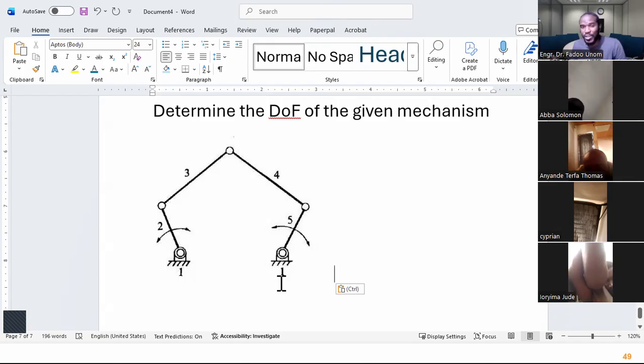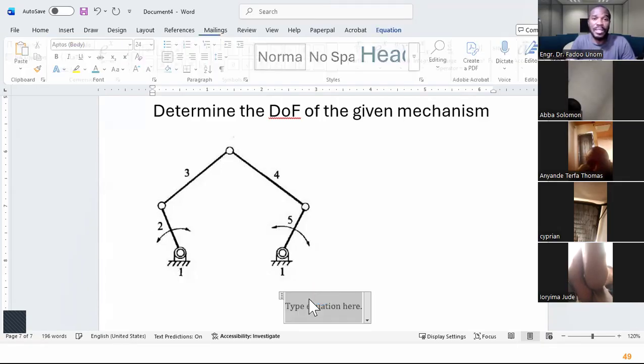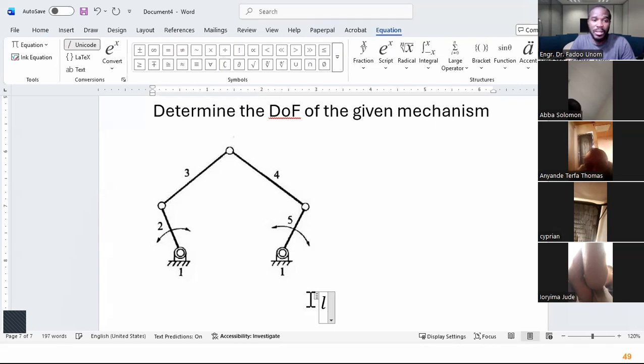They are the fixed structure that all the other links are connected to, right? That's link 1. Then you have link 2, link 3, link 4, and link 5. And so for this question, we can say that L is 5, right?